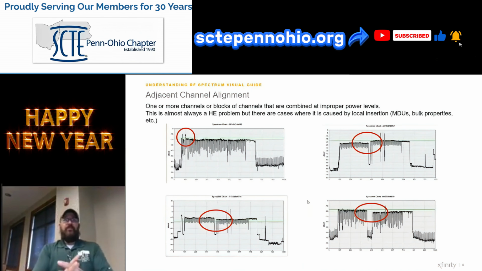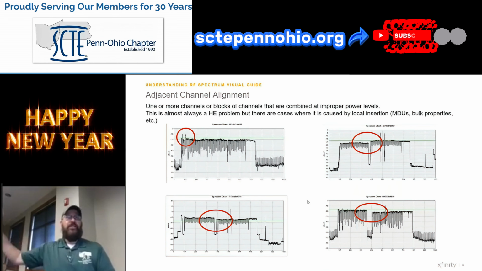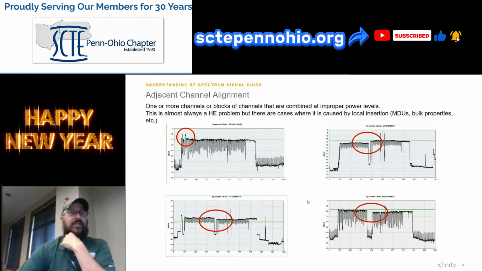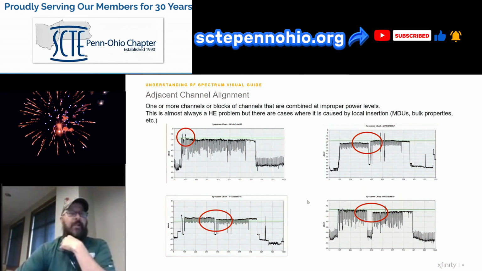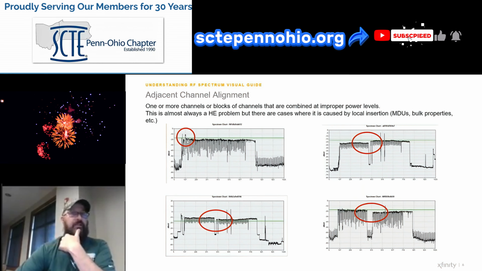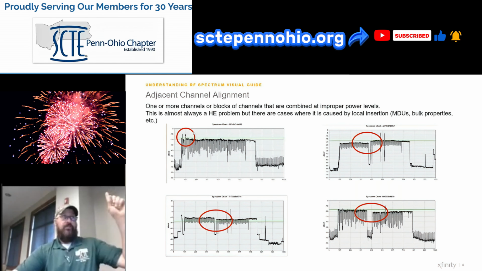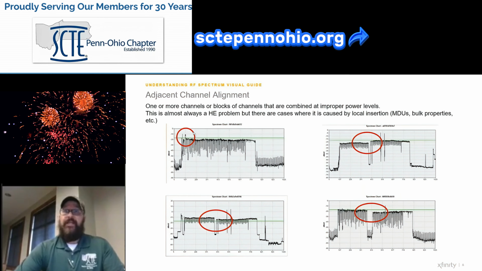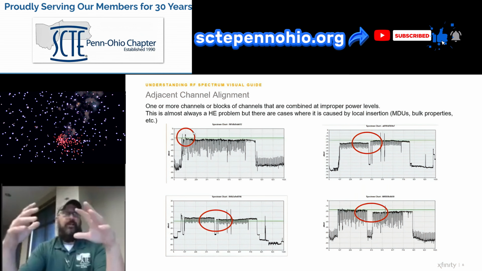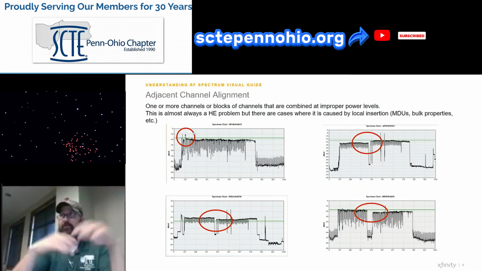Okay, so let's start talking about the different types of impairments that tools like this can help us define. The first one we'll talk about is an adjacent channel alignment. So there are several different examples of this. You can see here in the low portion of the spectrum, right around 107 megahertz, there's a channel that's just sticking out. A lot of times we see that with local insertions. You have an apartment complex or an MDU, and they want to look at their parking lot or their front door cameras or whatever.